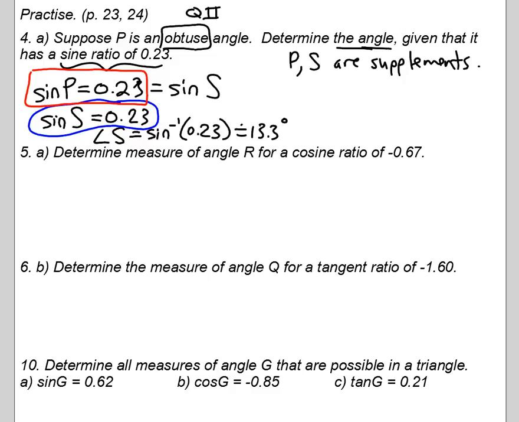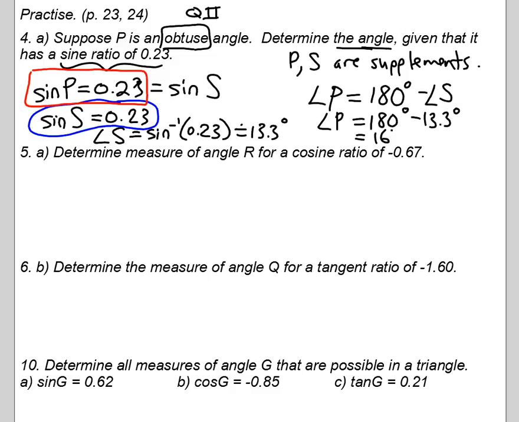So the relationship between angle P and angle S is that they are supplements. So one is the other subtracted from 180. And if we subtract 13.3 from 180, we'll get our answer. Approximately equal to, in this question to the nearest degree, we can go with 167 degrees.